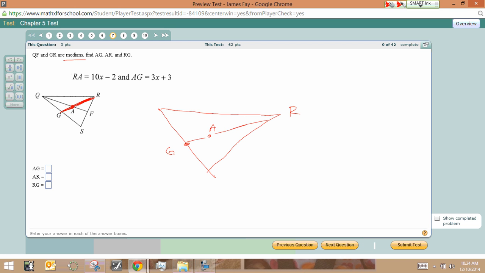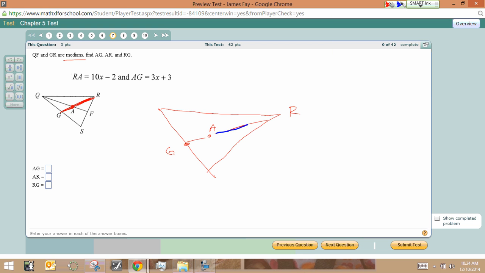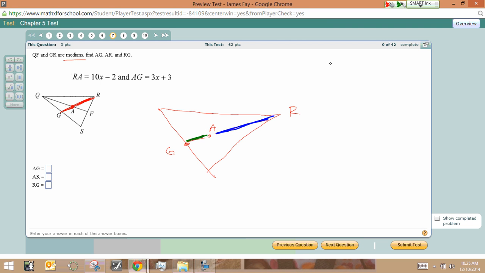So that's my picture. They tell me what RA is. I'm just going to highlight what they're telling me. RA is that. And AG is the other thing that they are giving me, which is that. Okay? We need to relate those two distances.